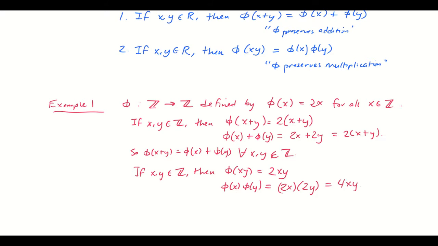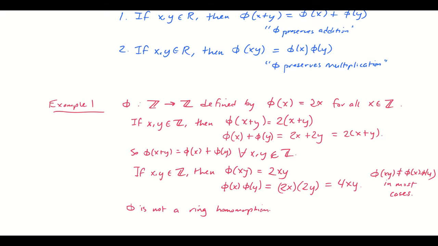That's 4xy. These two are not the same, not unless x or y is 0, which means they're not going to be equivalent for all choices of x and y. So these two are not going to be the same in most cases. So that means that phi is not a ring homomorphism.